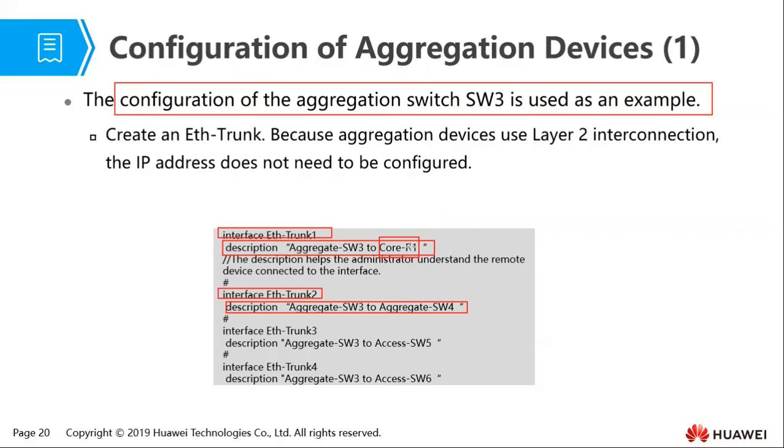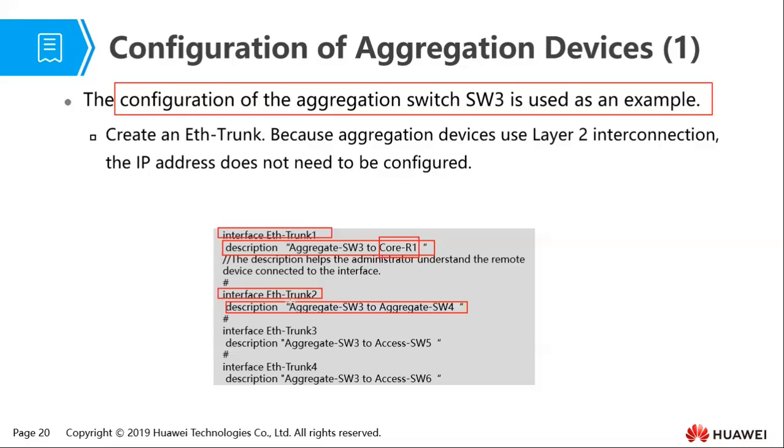So that is what I was saying in one of the rules there, that either end of the Ethernet trunk can be a layer 2 or a layer 3. So Eth-Trunk 1 on the core router R1 is a layer 3, but on switch 3 it is a layer 2.